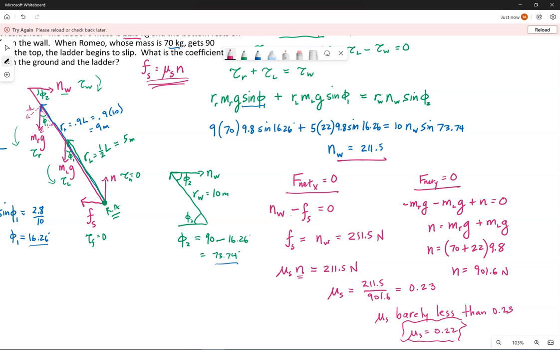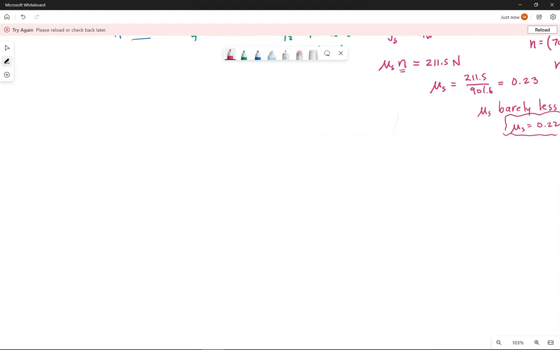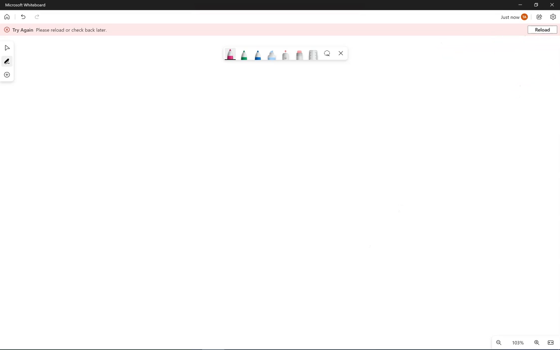Okay. Free body diagram, draw the forces. Let me show you this setup really quickly. Had we taken the torque around the other end. So normal force with the ground, friction, the mg of the ladder, the mg of Romeo, and the normal force with the wall.